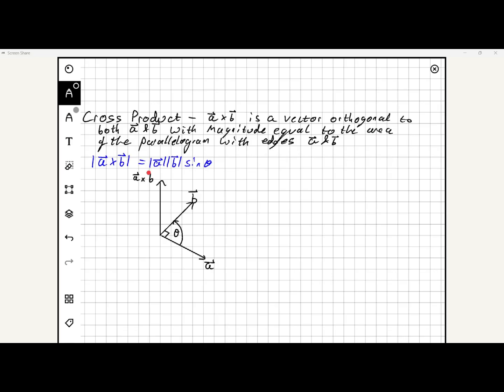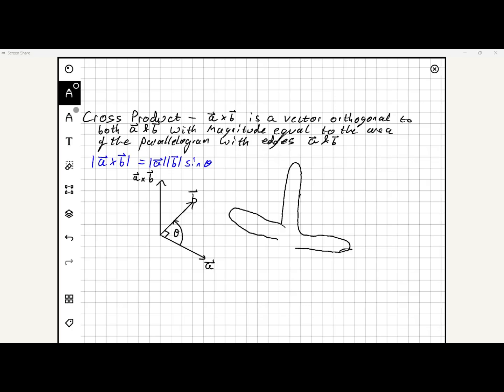A cross b. Now we do this using the right hand rule. So we'll have some art skills. I'm terrible at art. We have our thumb pointing this way. Then we have our first finger pointing this way. And we have our second finger pointing upwards.